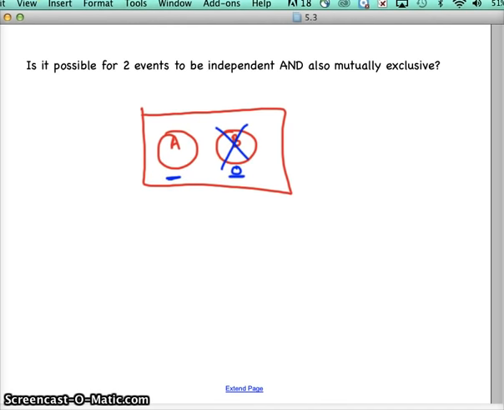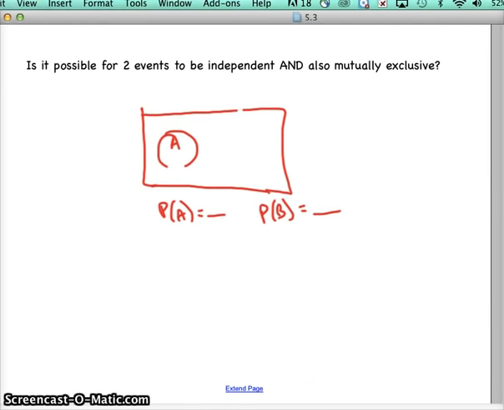Okay, maybe let me write this slightly differently, and I'll just repeat myself one more time so you can kind of hear what I'm saying. Okay, each of these alone has a probability. Okay, probability of A, probability of B. Mutually exclusive means they can never happen at the same time, and if one happens, then the other one cannot.